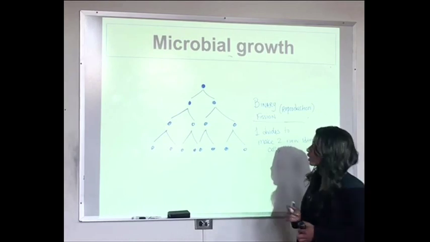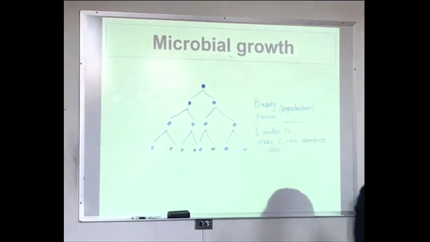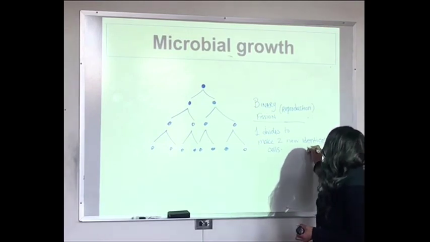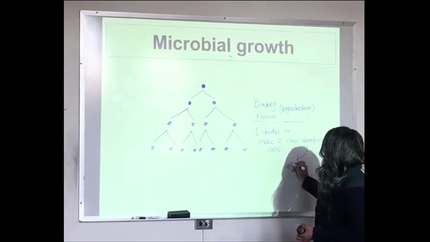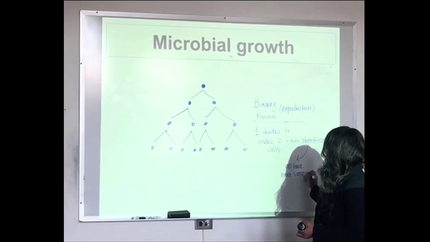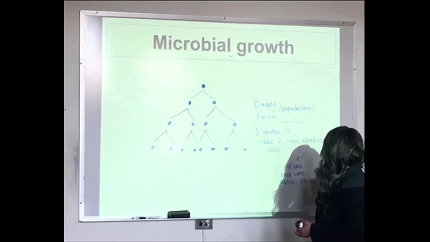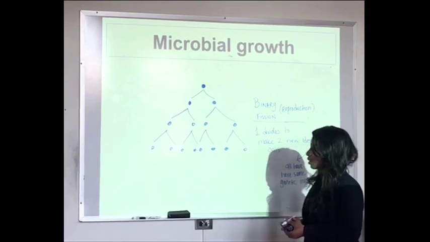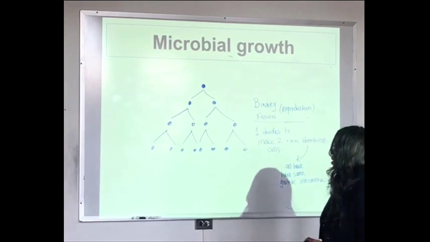Every time they divide, the cells will be identical. Since they are identical, that means they all have the same genetic information.